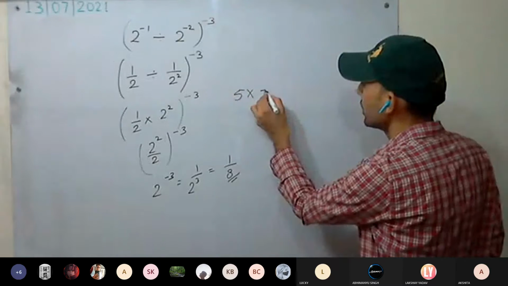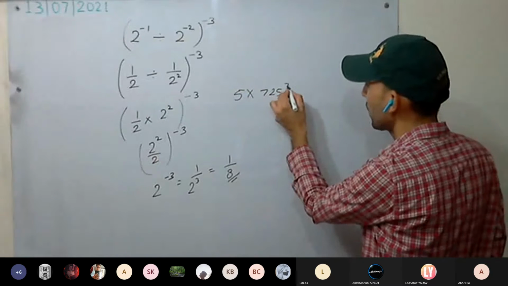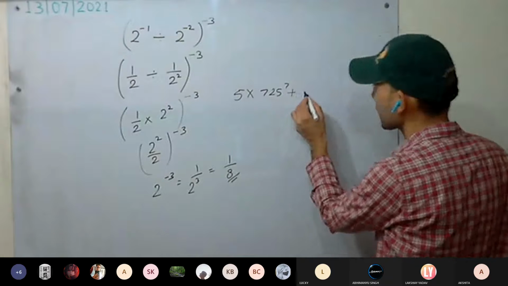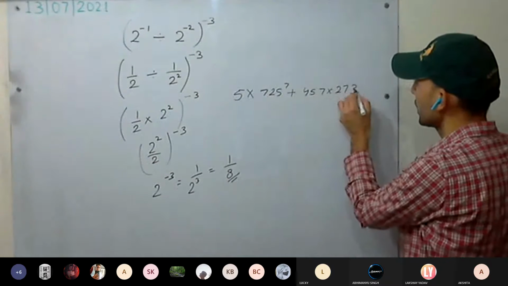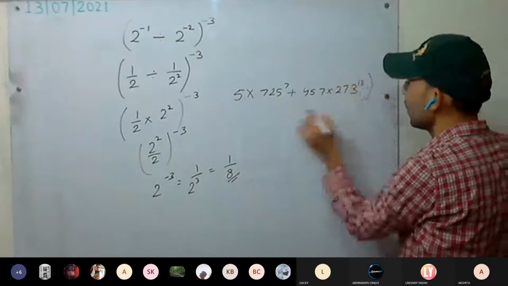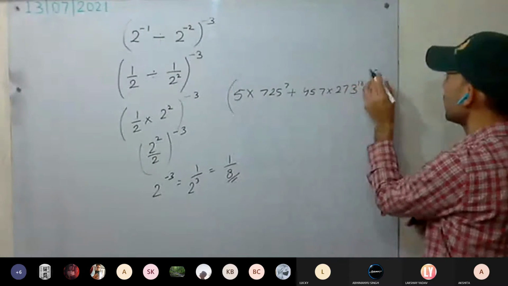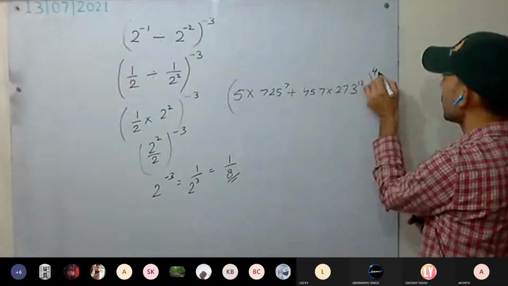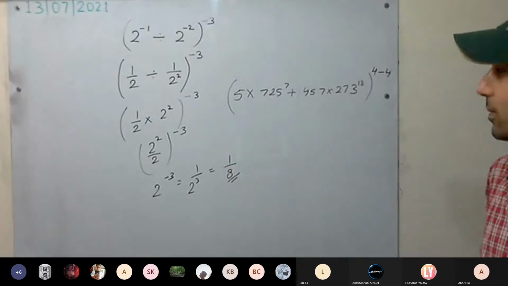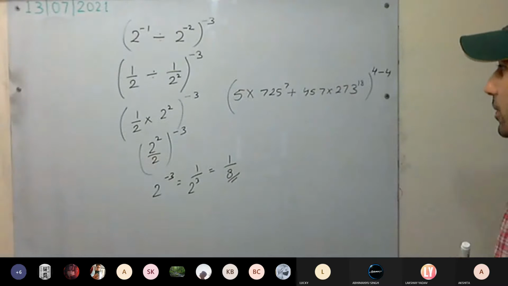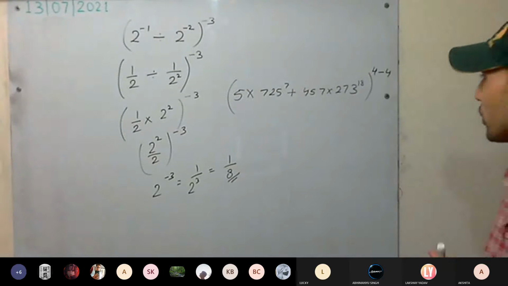Give me the answer of this one: 5 into 725 raised to power 7 plus 457 into 273 raised to power 18, all raised to power 4 minus 4. How are you going to start?